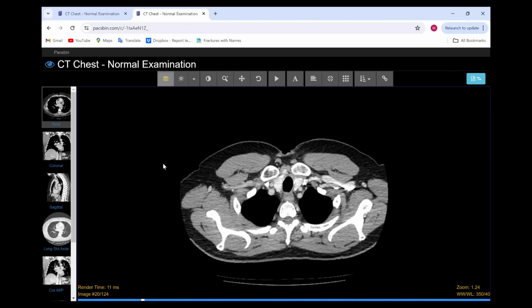We have multiple soft tissue structures, airway structures, and vascular structures. So let's start with this butterfly structure in the neck. This is the thyroid gland. This is the right lobe, and this is the left lobe. We usually see the normal thyroid gland in this appearance.